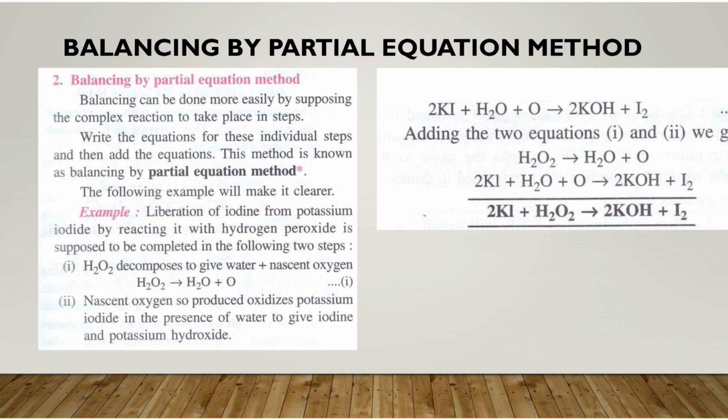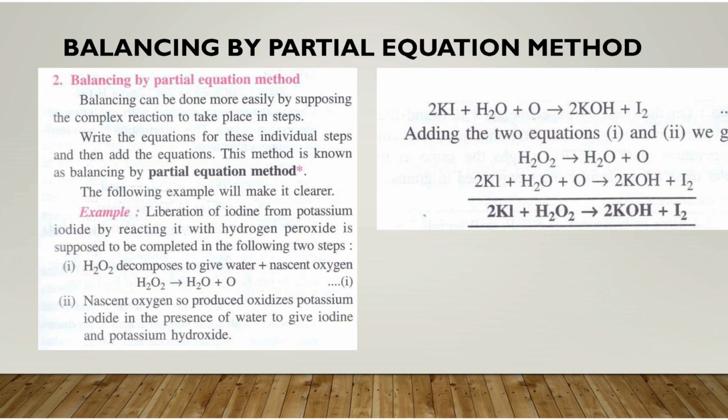We cancel H2O and O because these are the common species in both reactions, and we write what is left on the reactant side and on the product side. So on the reactant side you can see 2KI plus H2O2 and on the product side 2KOH plus I2. This is the balanced reaction.